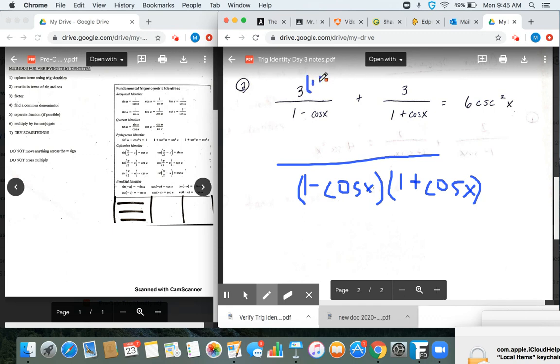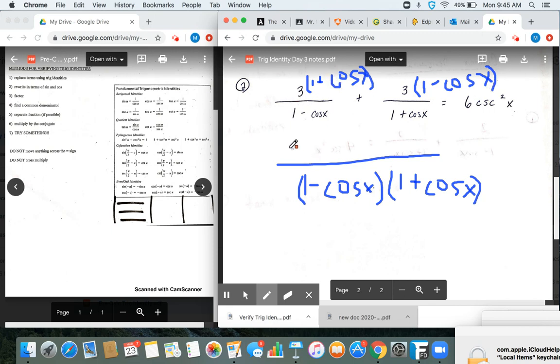So 1 plus cosine x. All right, this numerator would get multiplied by this denominator. That's where some students will use the terms cross multiply. If that's how you want to think about it, that's fine. All right, and then 1 minus cosine x. So just writing it a little differently, but doing the same thing as we did in the last problem, basically.